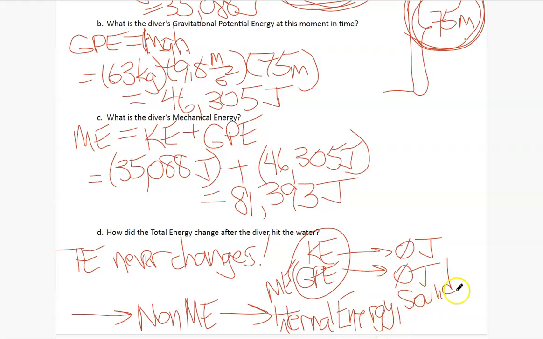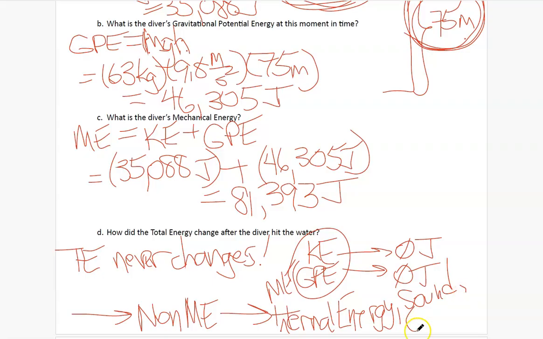And if this was a solid that the diver landed on, there would be deformation energy as well. You could argue there might be a little deformation energy because of deformation of body parts of the diver when they hit the water, hopefully nothing permanent.